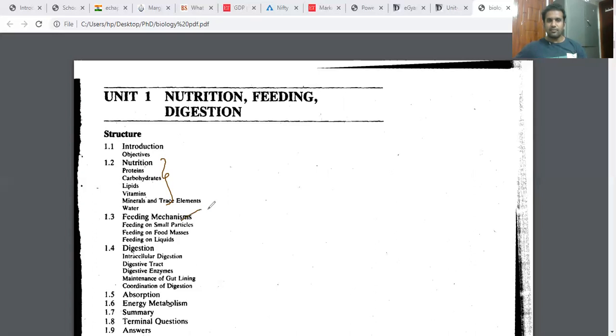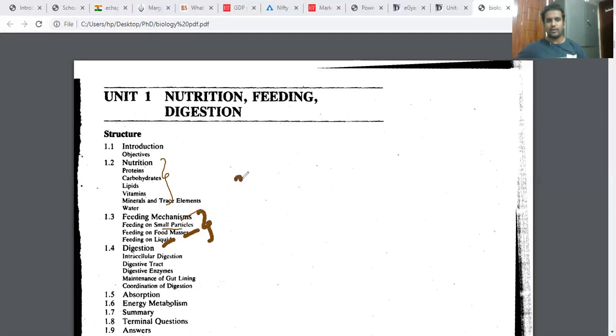Then we are going to learn the feeding mechanism: feeding on small particles, feeding on food masses, and feeding on liquids. There are different kinds of organisms.